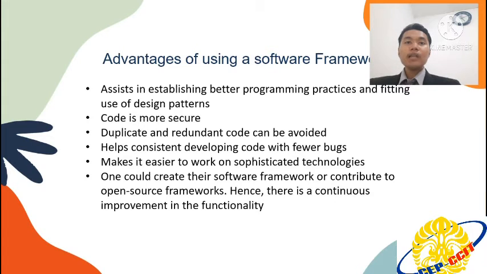Fourth, it helps consistent development of code with fewer bugs. And the next, it makes it easier to work on sophisticated technologies. And the last, one could create their own software framework or contribute to open source frameworks. Hence, there is a continuous improvement in the functionality.